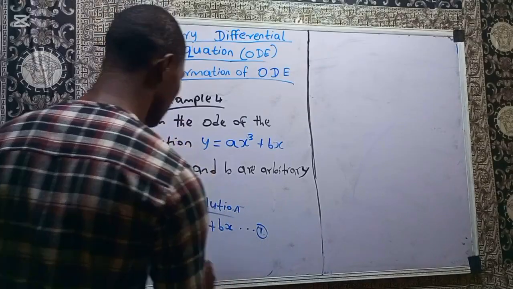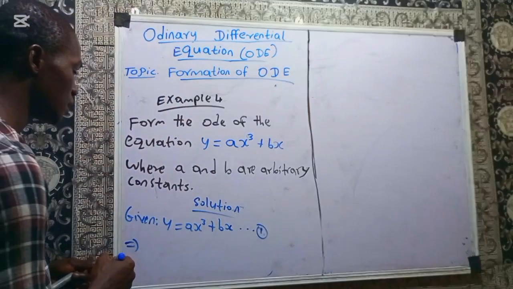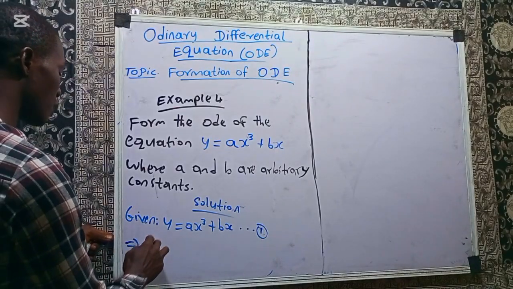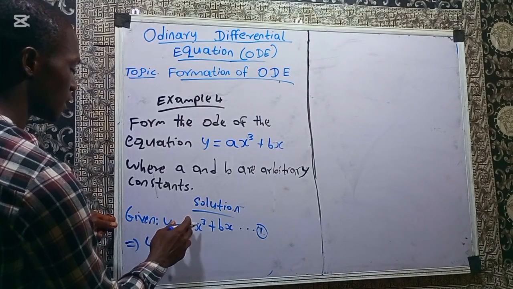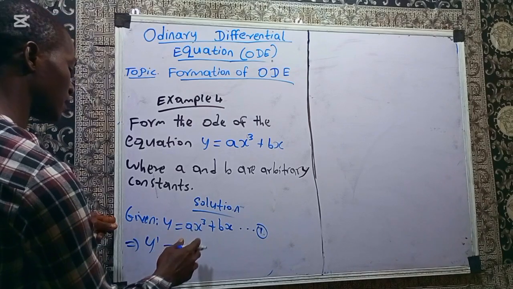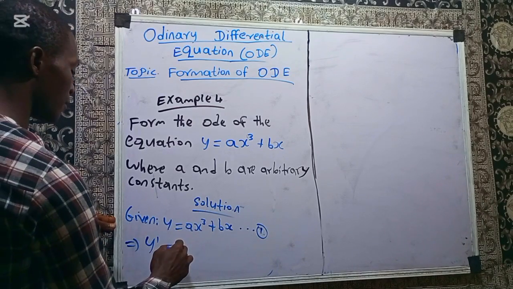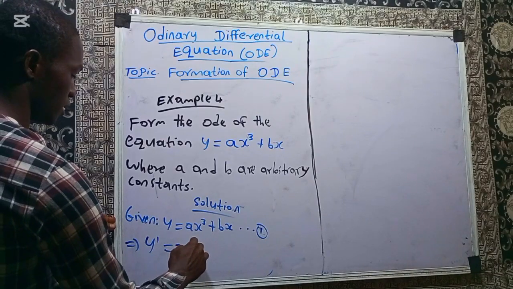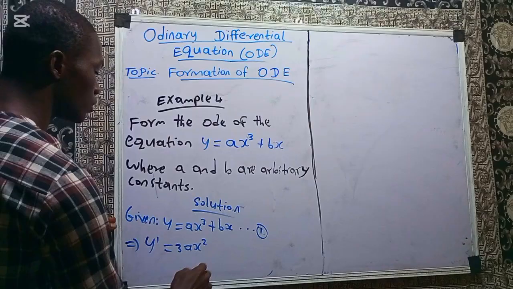So let's look at this. We can call this given equation equation 1. If we differentiate, we have y prime equals, differentiating ax raised to power 3 using the power rule, you bring down the power 3, 3ax, and remove 1 from the power, so you have 2.